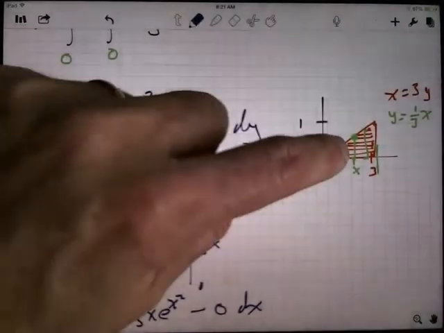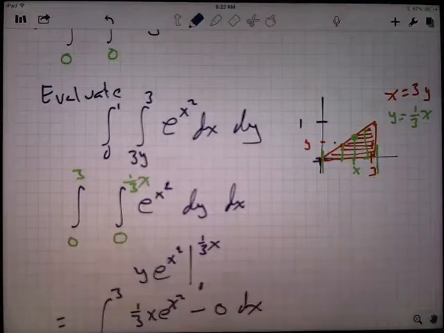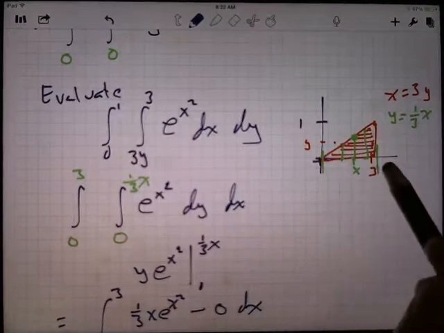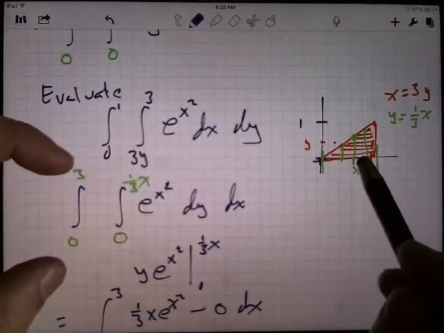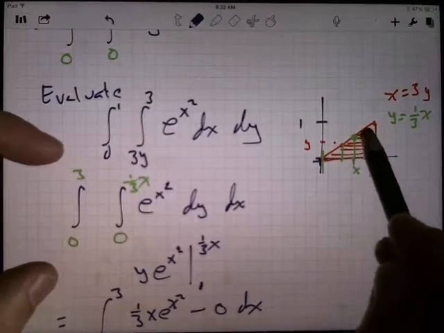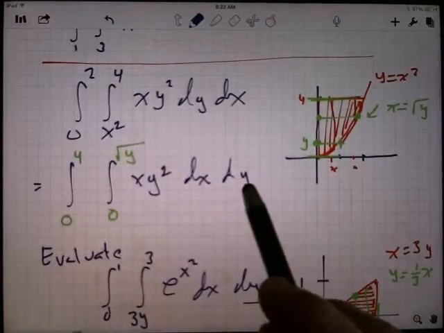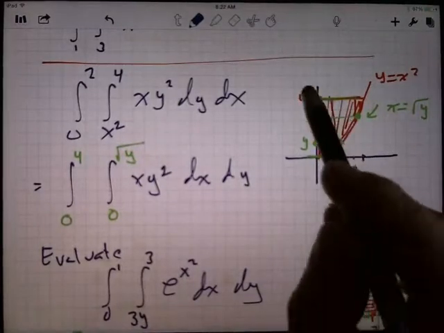So you've got to draw the region, figure out what it looks like, and then start from scratch and say, okay, if I've got my x on the outside, what's the minimum x, what's the maximum x? Those are numbers. And then for each value of x, I'm determining what minimum and maximum y are. If I'm going the other way around, like this one up here, when I'm putting the y on the outside, then I had to say, okay, what's the minimum y I'm after, what's the maximum y I'm after?